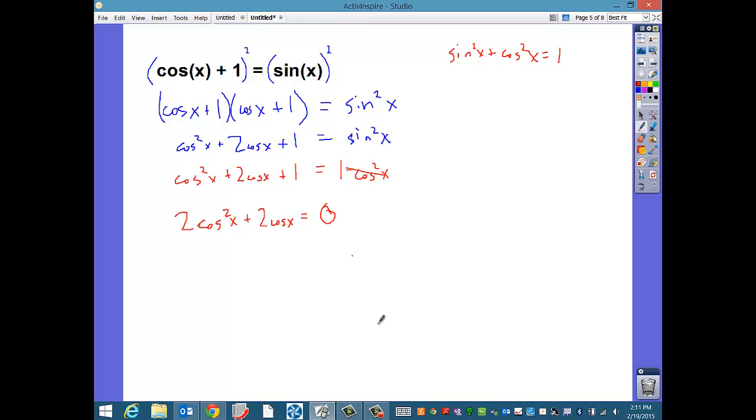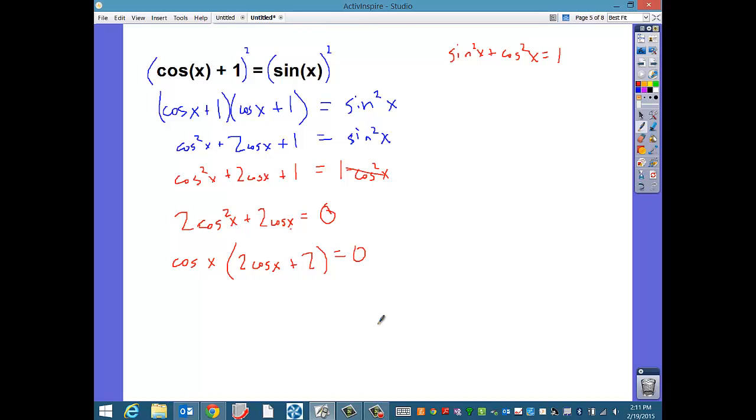Now we don't have to use the quadratic formula here, because we only have two terms, and they have a common factor of cosine, right? Cosine's a factor in here, cosine's a factor in here. So let's bring that out. Cosine of x times this plus this equals 0, right?